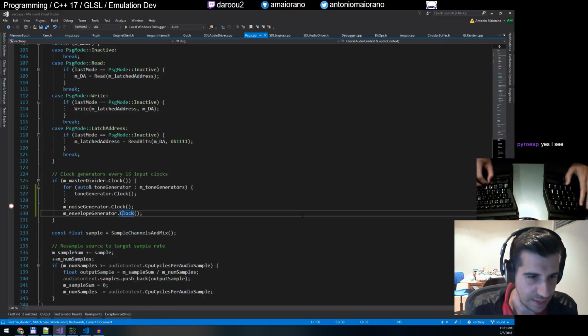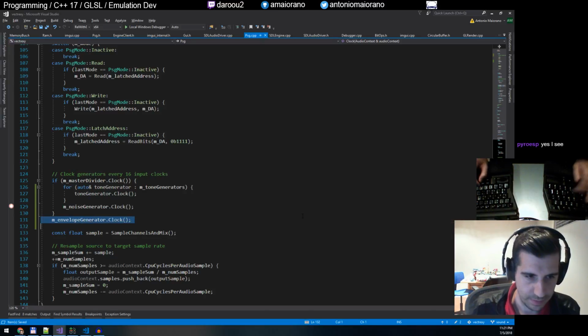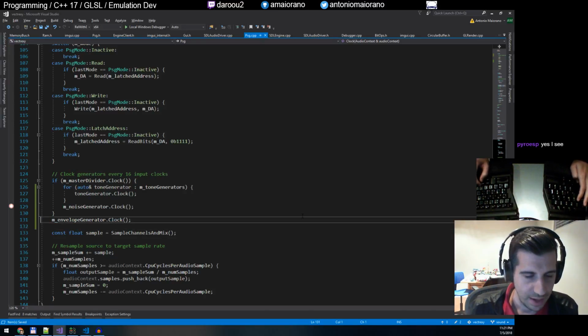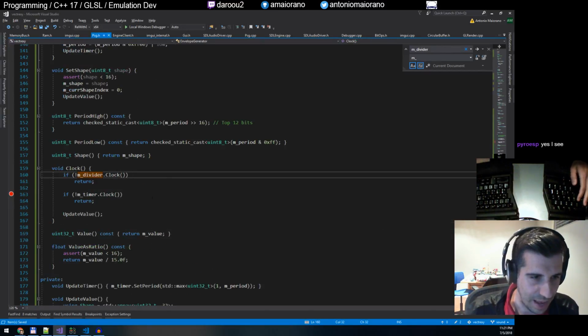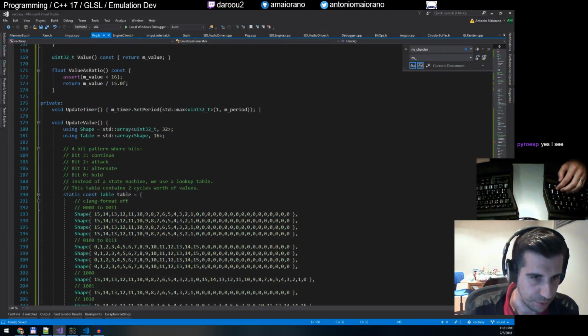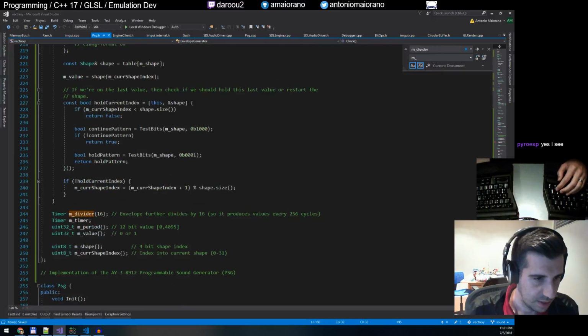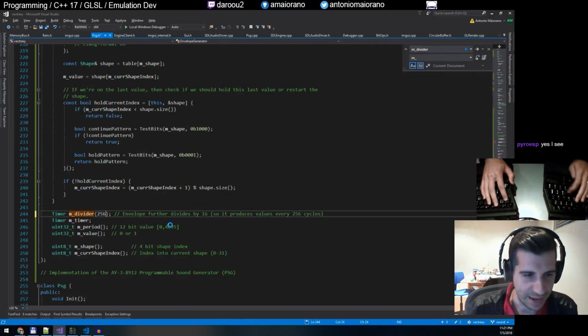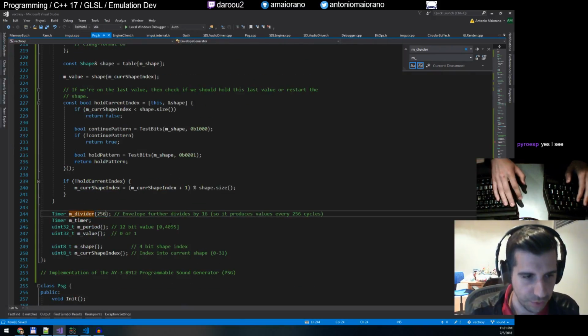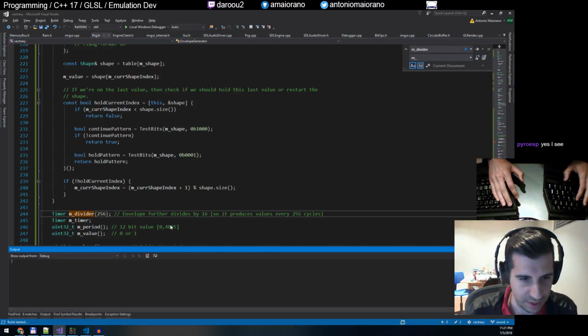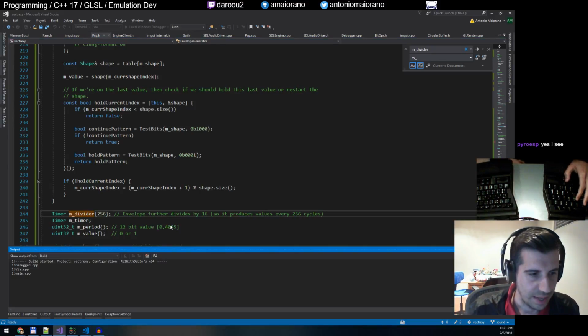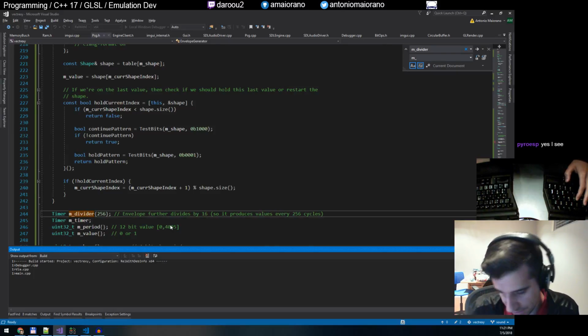Another way to do it is we could just pull this out like that, and clock it every single time, and then instead of 16 here, we could put 256 in there. That will match more what's written in the document, even though I think that's strange. But let's just see if this makes any difference.